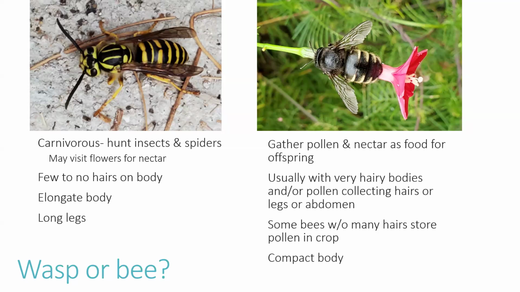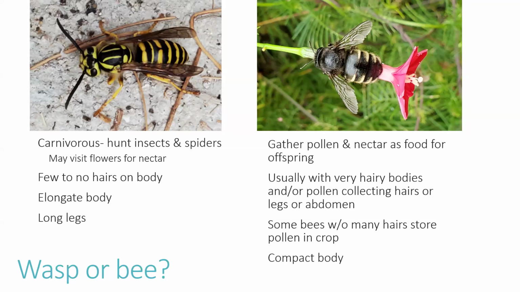These are going to gather pollen and nectar as food for their offspring, and they will take that back to their nursery area, or again, nest or colony, depending on what bees we're talking about. And then they will have that food there for the young when they emerge out of the egg.